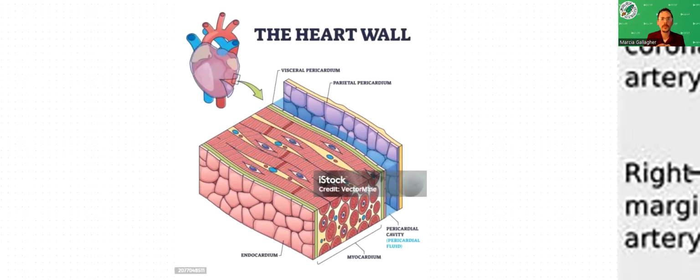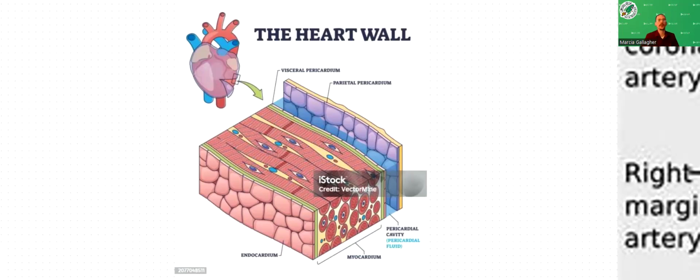Then your epicardium, which is that outside layer of epithelial tissue that protects that myocardium. Attached to that epicardium is the visceral pericardium. And then there's a fluid-filled cavity between the visceral pericardium and the parietal pericardium.